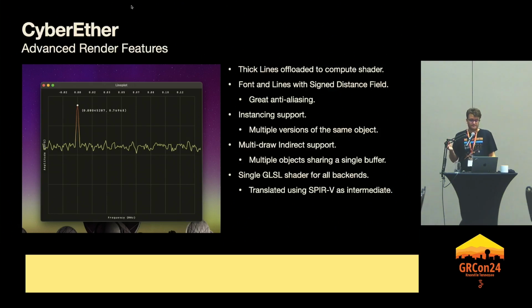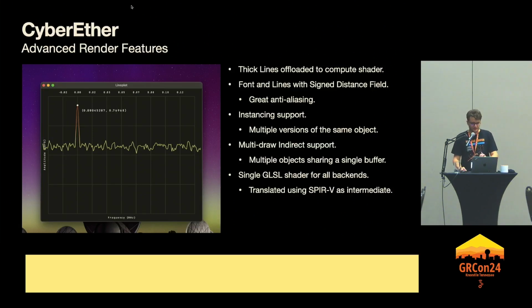And also, every backend, WebGPU, Vulkan, and Metal, uses a different shader language. Metal uses MSL, Metal Shading Language. WebGPU uses WGSL, and Vulkan uses SPIR-V, that is the intermediate conversion thing.